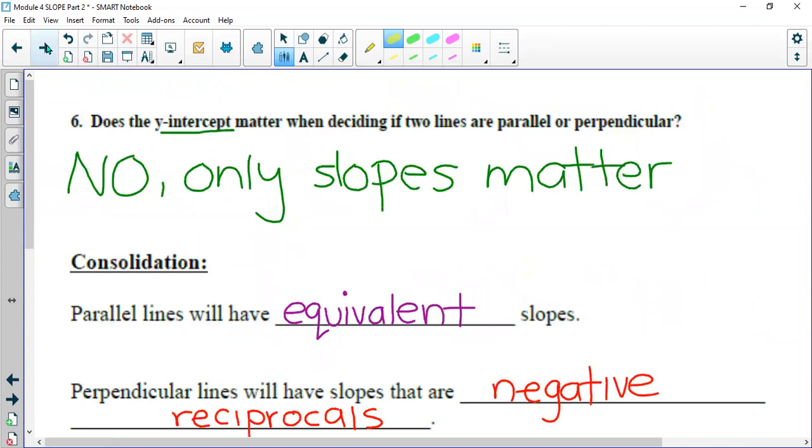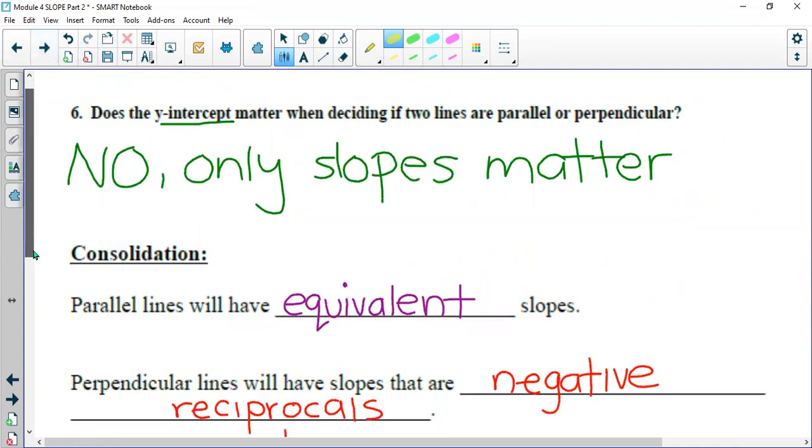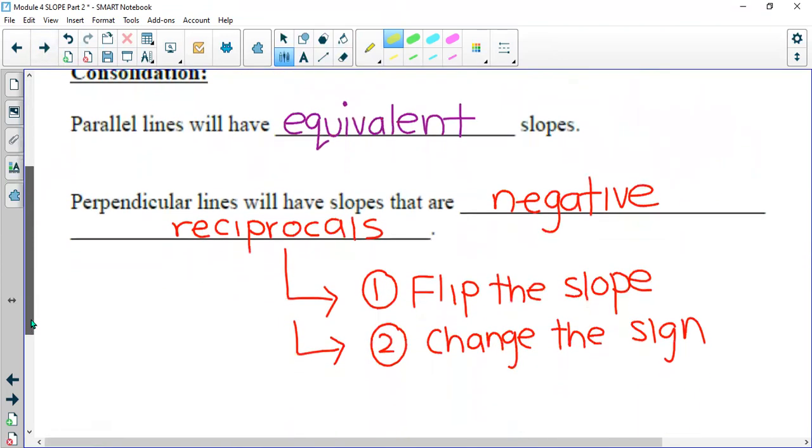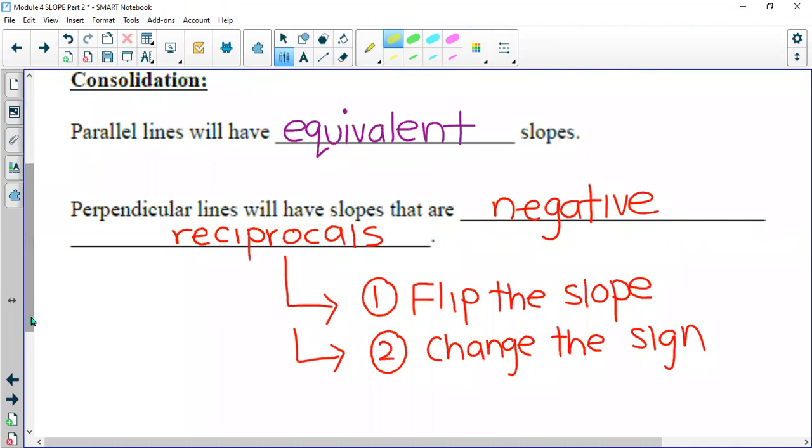So the y-intercept does not matter when deciding if two lines are parallel or perpendicular. And this is something else you can include for your study notes. Parallel lines will have equivalent slopes. Perpendicular lines will have slopes that are negative reciprocals, where you have to flip the slope, change the sign. Very clear instructions.